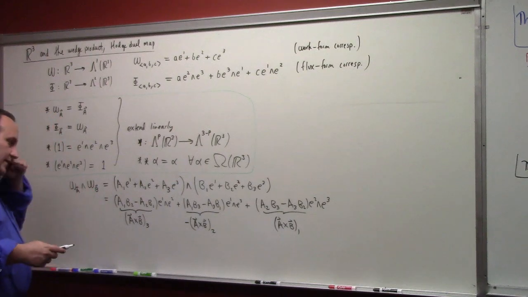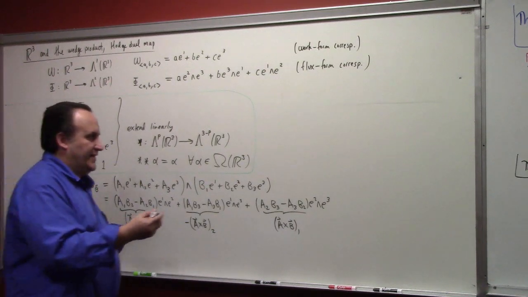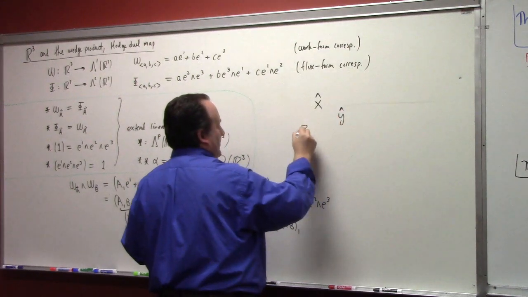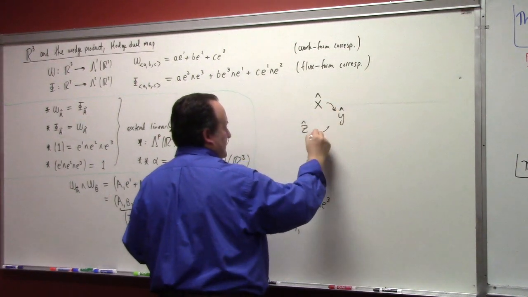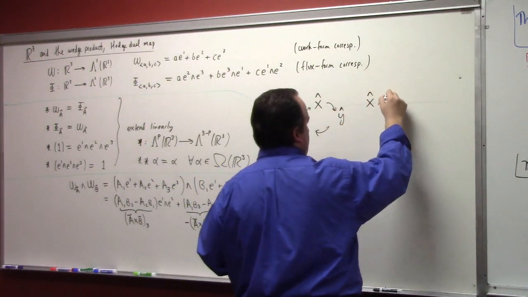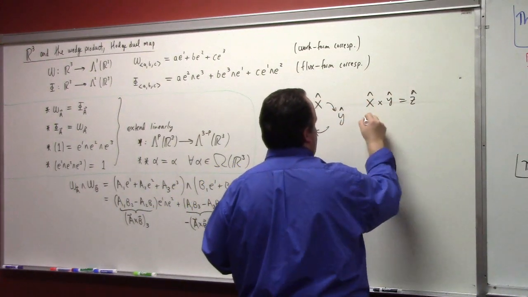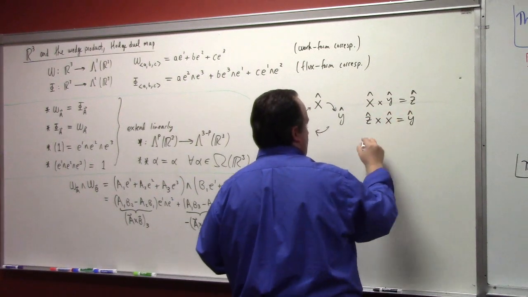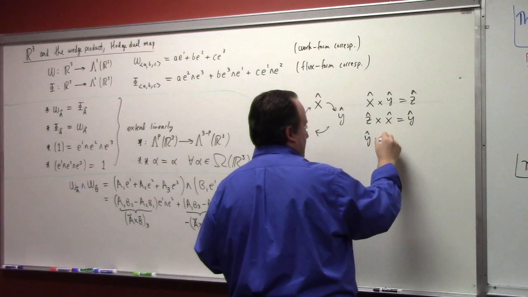Because you can remember the signs in terms of this cross product, right? I remember it in terms of the circle of cross products. Like x hat cross y hat is z hat, but z hat cross x hat is y hat, and y hat cross z hat is x hat.